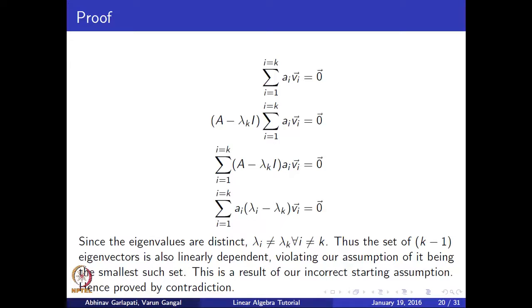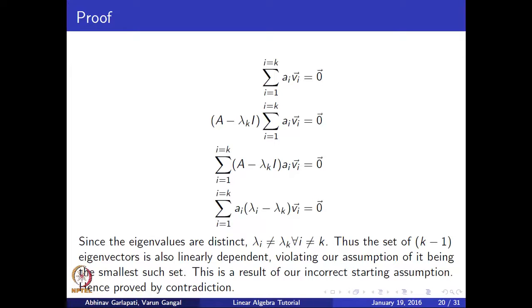However, now we can think of ai times (lambda_i minus lambda_k) as a new constant bi. This means now that we have a summation running from i equals 1 to i equals k minus 1, such that summation bi Vi equals 0. However, we had assumed that the set of size k was the smallest set of linearly dependent eigenvectors.